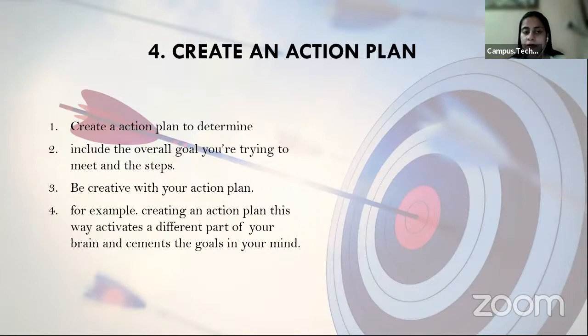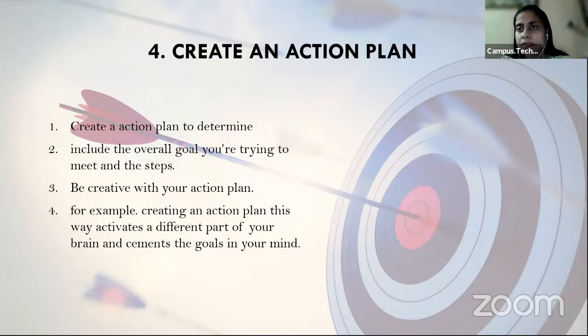Creating an action plan this way activates a different part of your brain and cements the goal in your mind. When you're creating an action plan, you are very strict and confident about achieving that goal and moving in that specific direction.